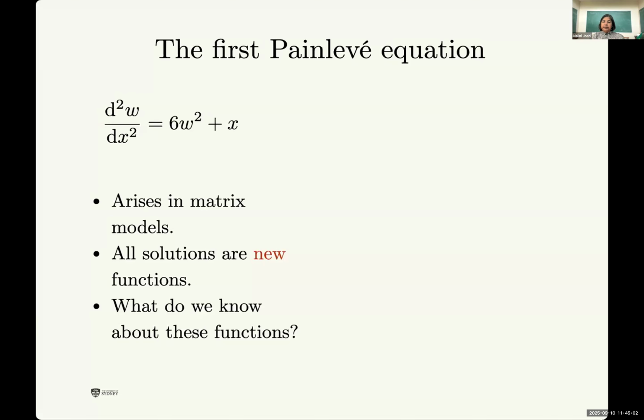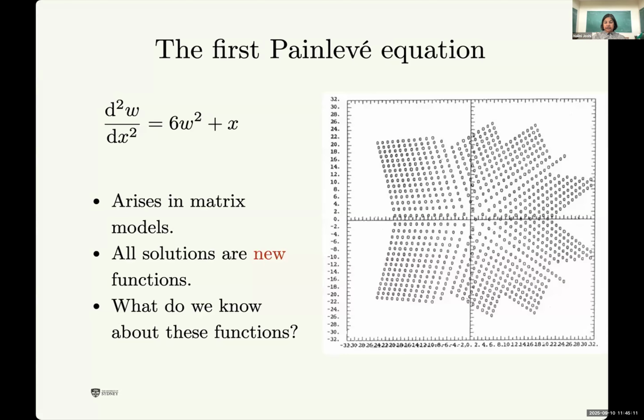So the main information we had came from a work of Boutroux in 1913 and numerical explorations. Here is a snapshot of a numerical exploration of a solution with real initial values. This is in the complex x plane, and the jagged edges are just where the numerics stopped iterating.